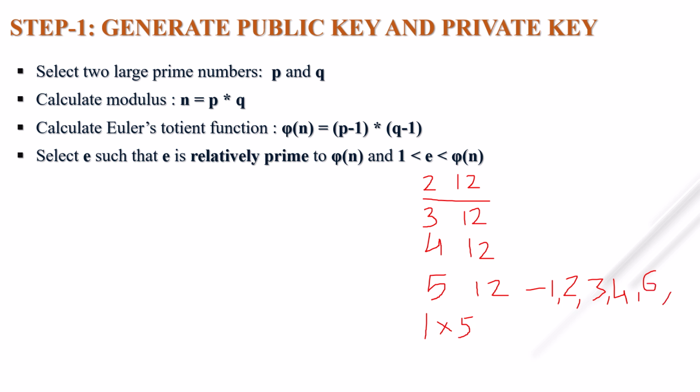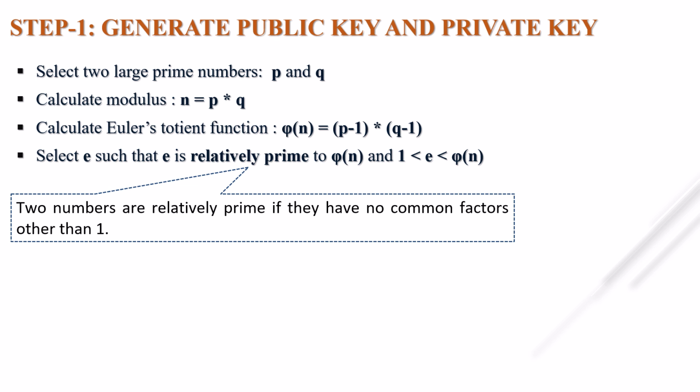Okay, so you can see the common factor of 5 and 12 is only 1. Then and only then we can say 5 is relatively prime to 12. So the simple definition: these two numbers are relatively prime if they have no common factors other than 1.